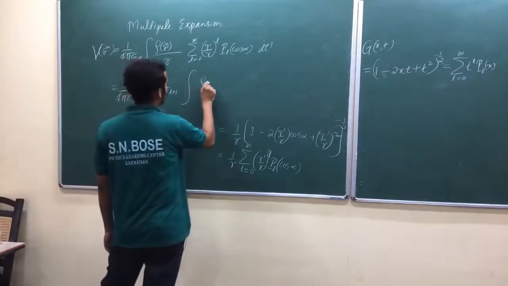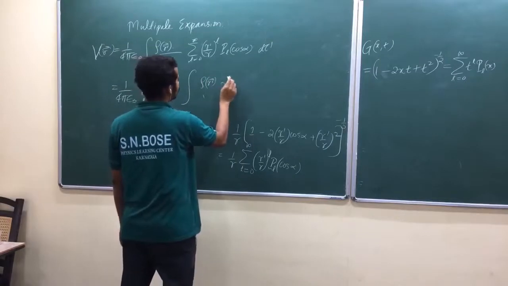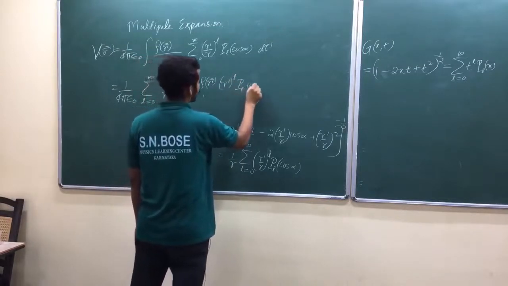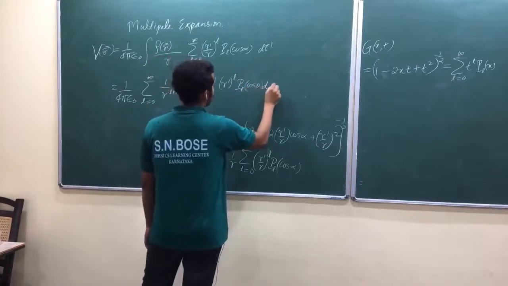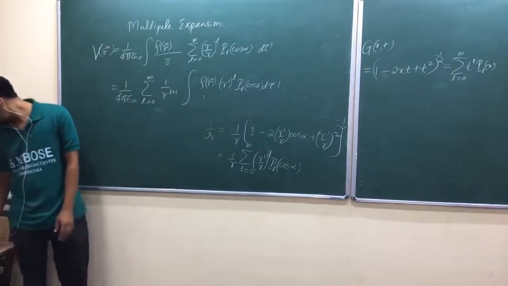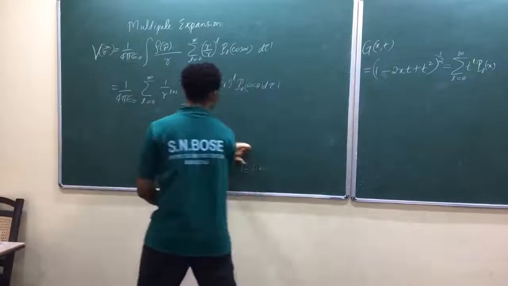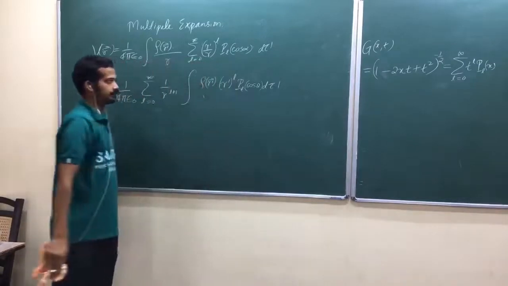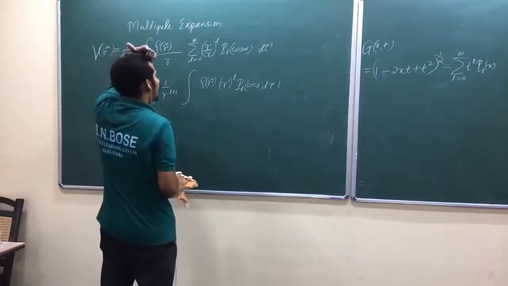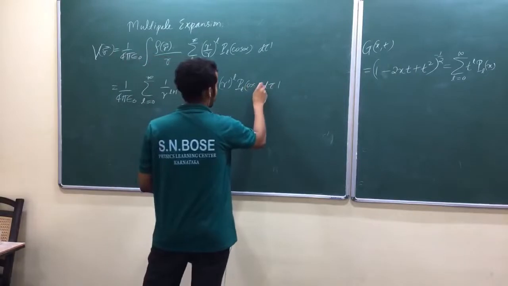So rho of R prime vector into R prime power L into PL of cos alpha into d tau prime. Check it out.